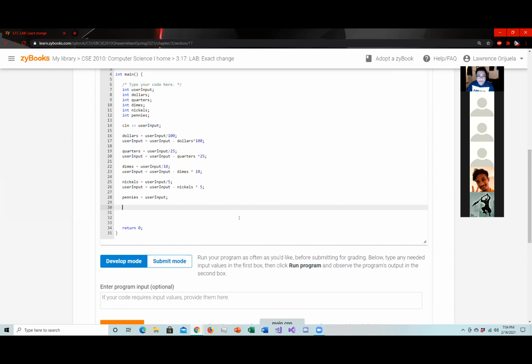But we also have to specify the difference between dollar and dollars, no? Exactly. So the way I see it, we're going to have an if statement with 3 branches. One if dollars is 0, another if dollars is equal to 1, and another if dollars is more than 1.